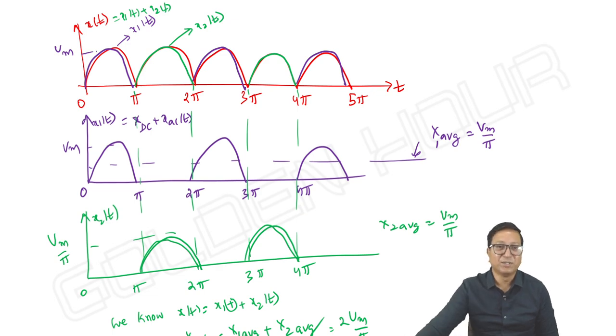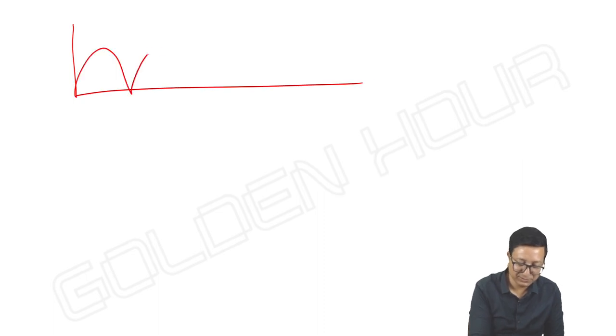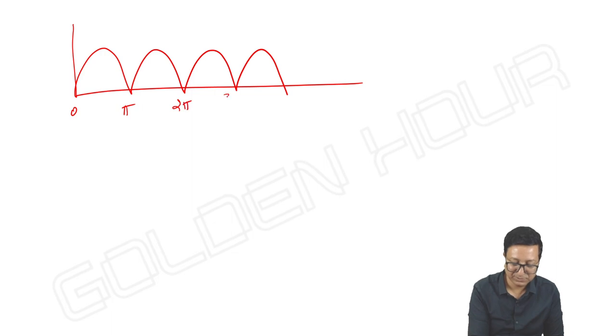So, I'm just taking the signal x of t for better understanding. How do we define x of t?